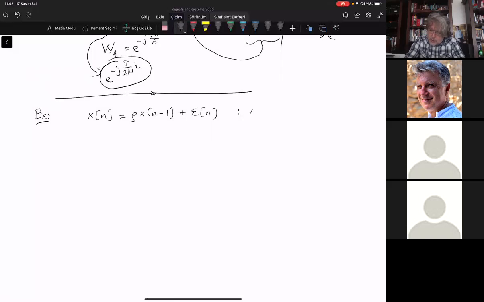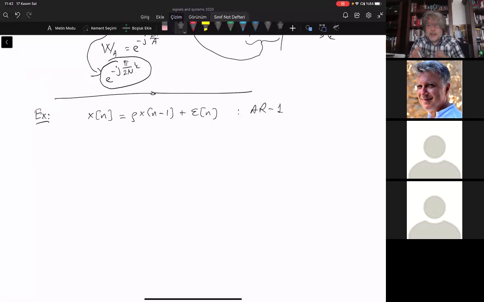Such systems are called autoregressive one systems. Why is it autoregressive? Because x of n is generated from the value of x of n minus 1. And the correlation factor between two consecutive samples is rho. That is the correlation coefficient between my past and myself.